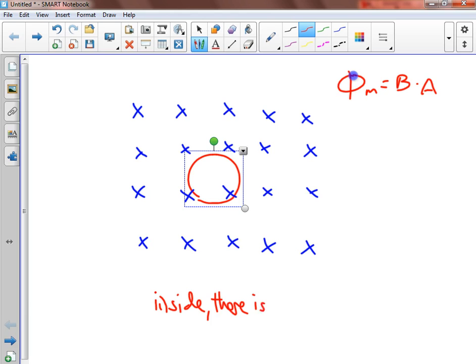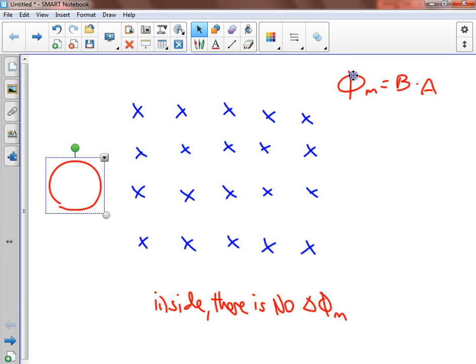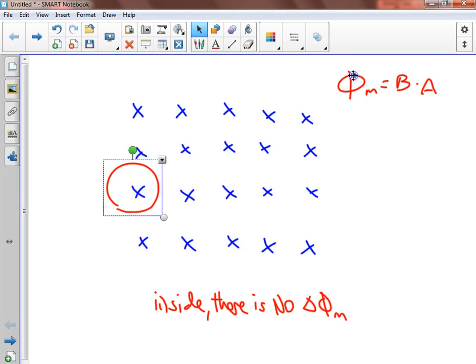there is no change in flux, because the amount of B that's being produced and the area is the same. The only time there's a change in flux is when the loop first enters the field.